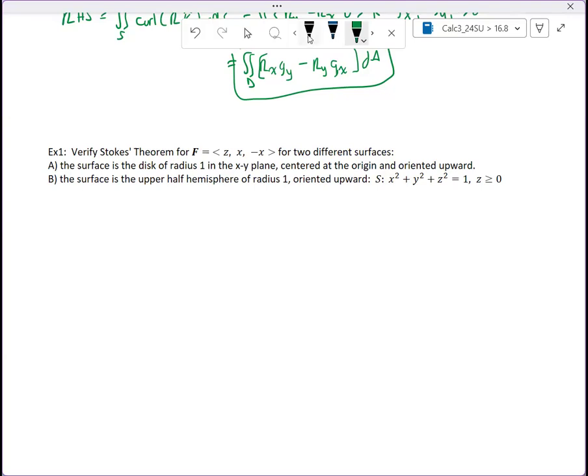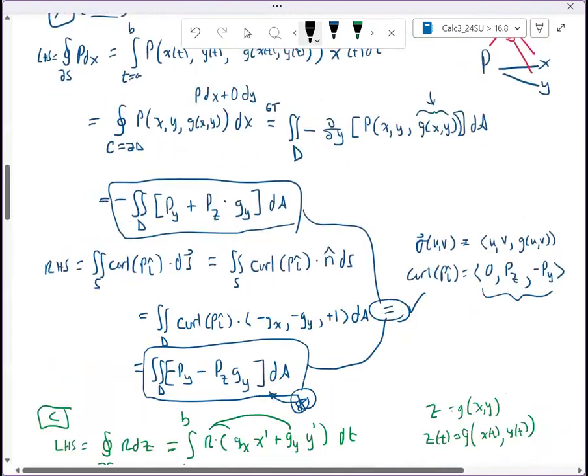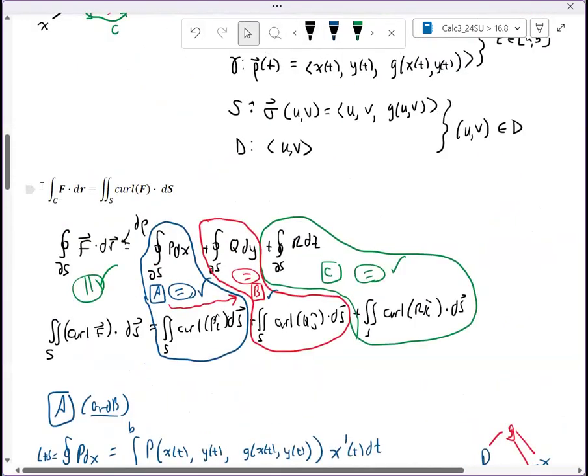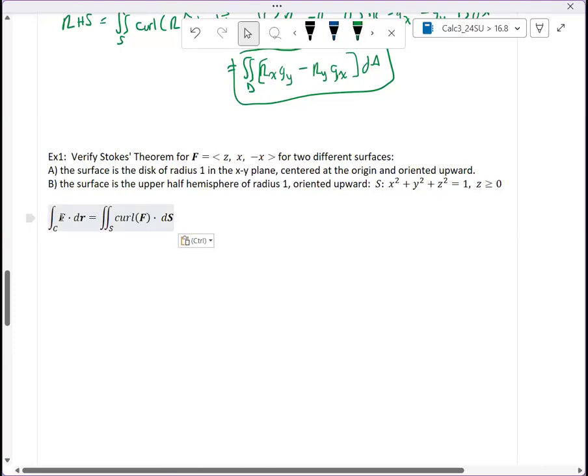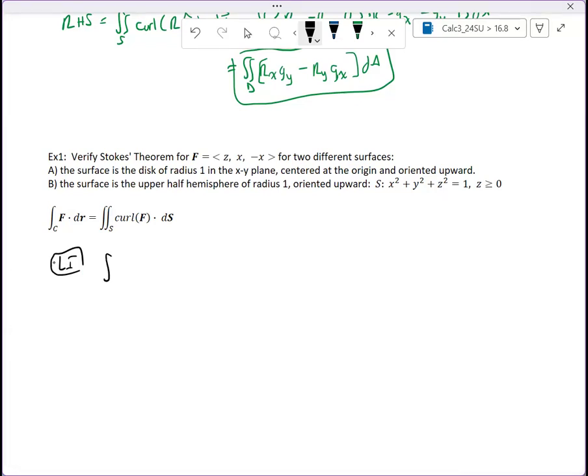Okay, so let's start at the very beginning with what Stokes' theorem says. Let's again copy it down, just as a reminder, so that we know what integrals we have to compute. Let's start by computing the line integral. So I want to compute the integral over the closed curve of F dot dr. Both of these surfaces, and it's very important, have the same boundary curve.